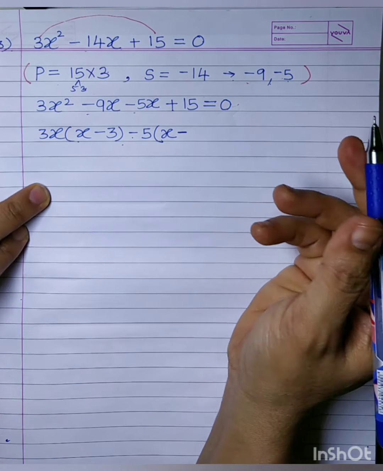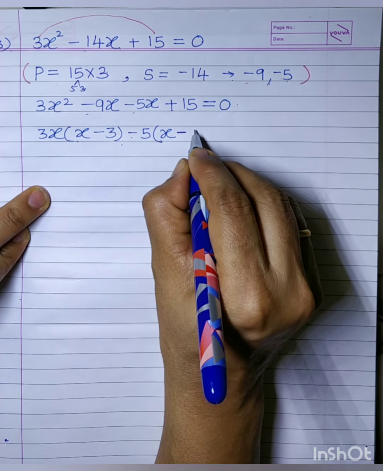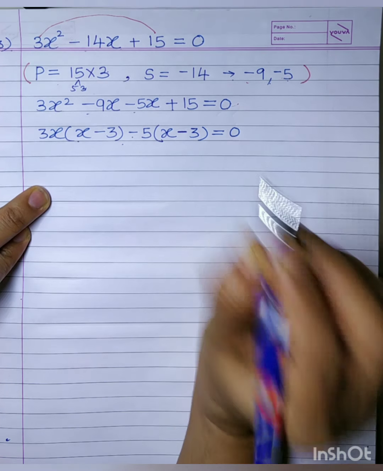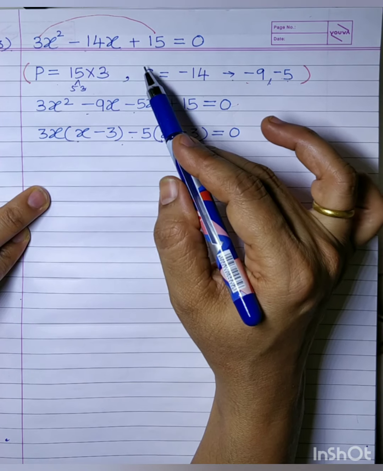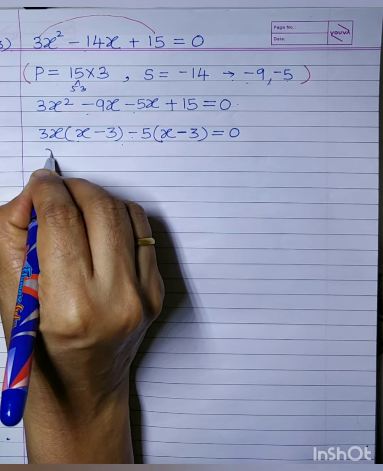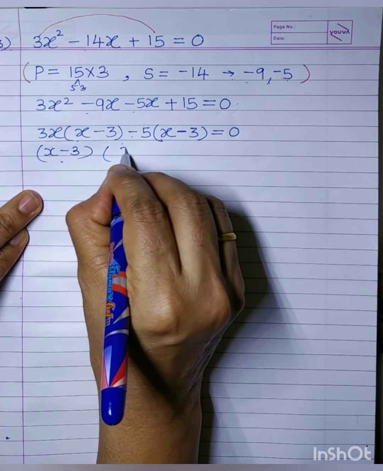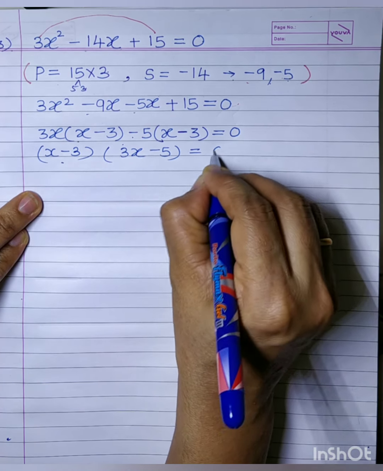I repeat, we cannot change anything given in the question, only the format we are changing. So x minus 3 equals 0. This example I have taken actually that we have done earlier for difference, so sum also you should know. Now what you take out is x minus 3. What is left? 3x minus 5 equals 0.